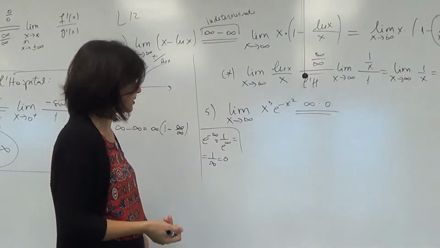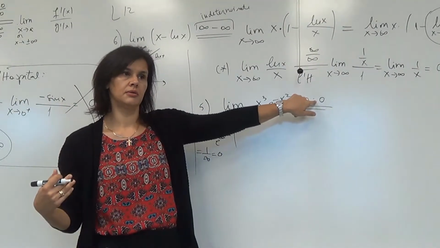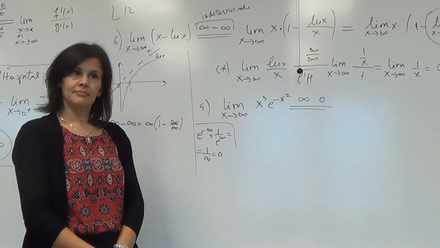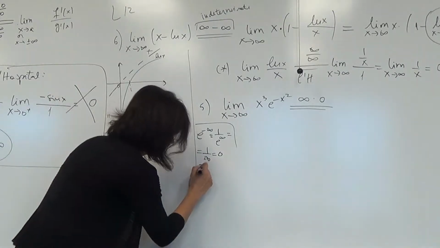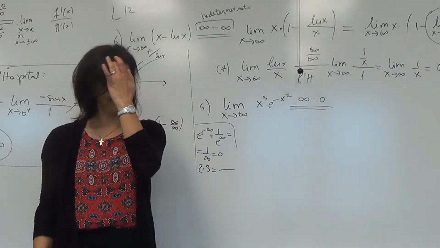L'Hopital requires a fraction. Isn't it easy to write a product as a fraction? How do you write 2 times 3 as a fraction? 6 over 1.